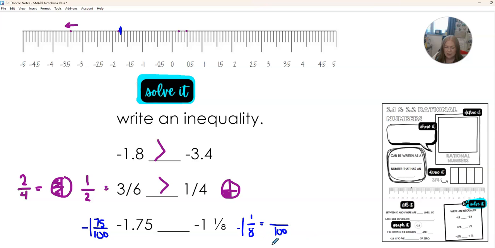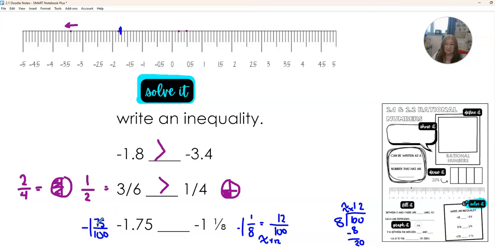So we're going to think, how do I get from 8 to 100? So if I'm not sure, I'm going to divide that up. So 100 divided by 8, that goes in there 12 times, with 4 left over. So about 12. So we're going to do 1 times 12. So this is only 12 hundredths.